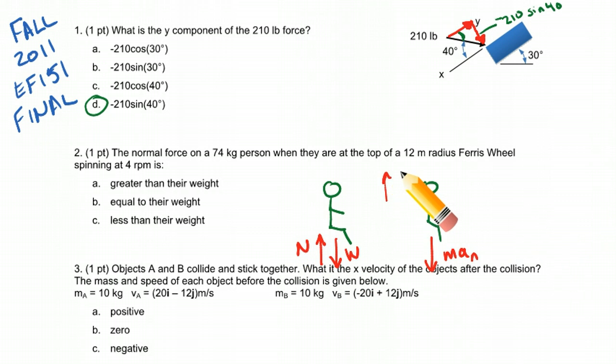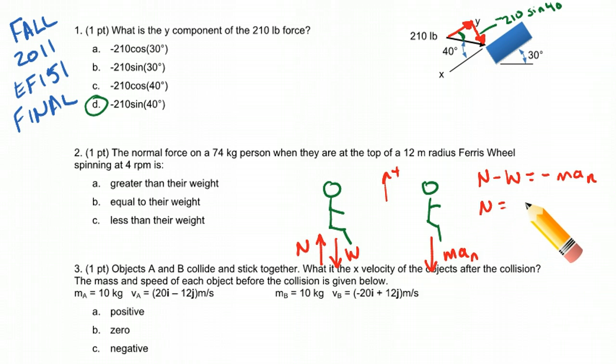So our equation in the upward direction, which is positive, in the vertical direction would be N minus W is equal to minus M-A sub N. Solving for normal force, N is equal to weight minus M-A sub N. Alright, so this will let us see that the normal force is less than the weight because we are subtracting off the M-A sub N term.